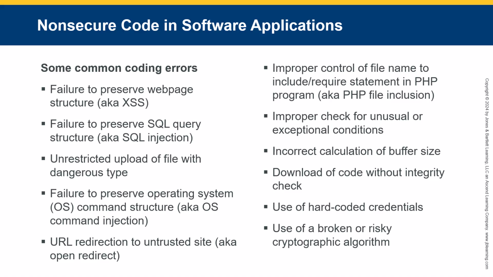If the site is using older technology, can you have improper control of file names? So you can do PHP file inclusion by manipulating some of the files, typically a PHP file, but PHP is not the only one, it's just one of the larger, more common ones. You can look for improper check for unusual or exceptional conditions.